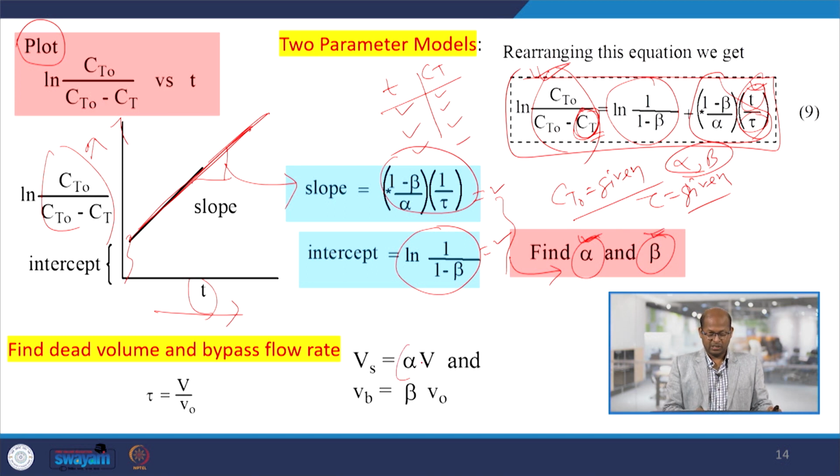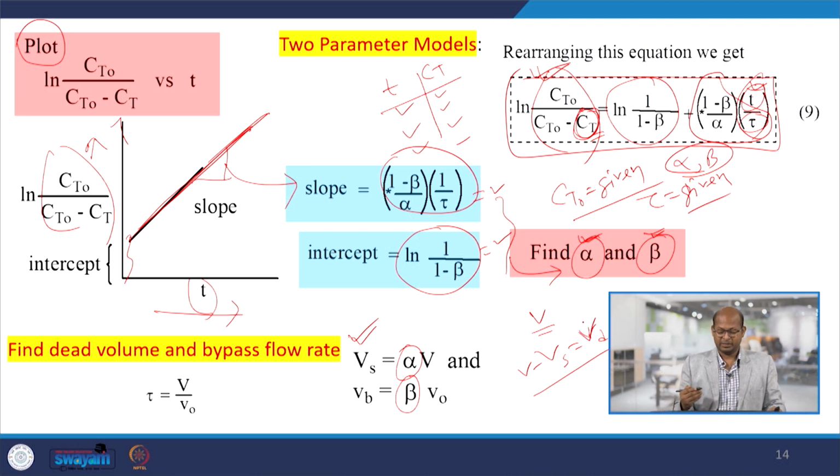Once we know alpha and beta, we know the system volume, the actual volume taking part in the reaction. We have the reactor volume, let us say this, but the actual system volume utilized for the reactions is this. The rest, Vs minus V, would be the dead volume, the volume that does not take part in the reactions.